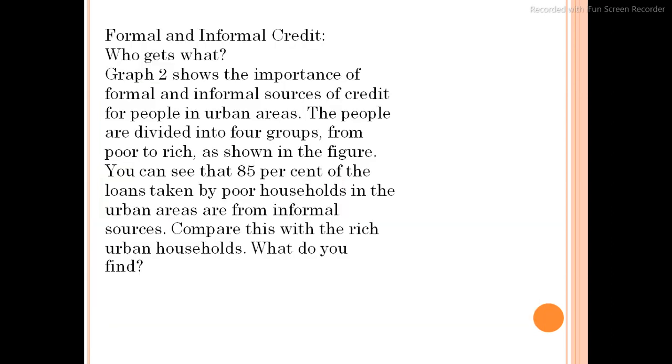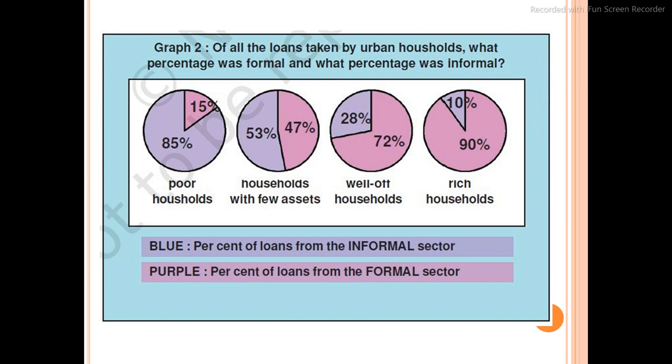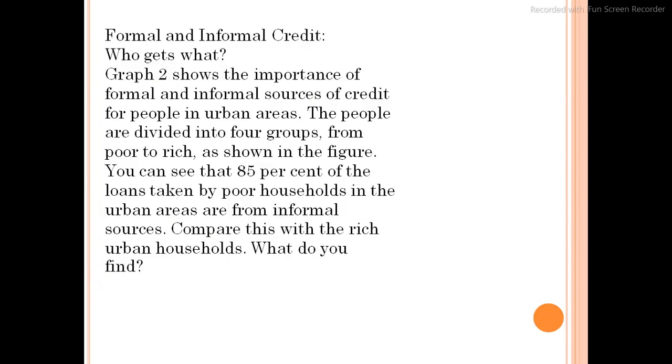Next, formal and informal credit: who gets what? Graph number 2 shows, as you have observed, formal and informal sources of credit for people in rural as well as urban areas.